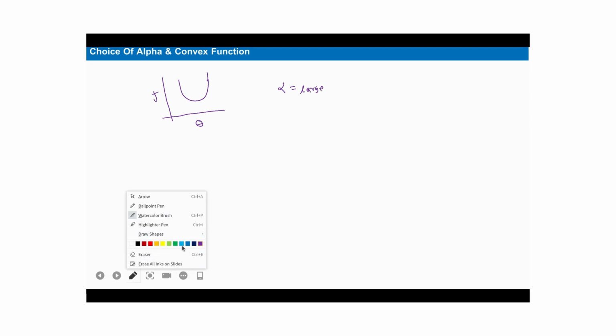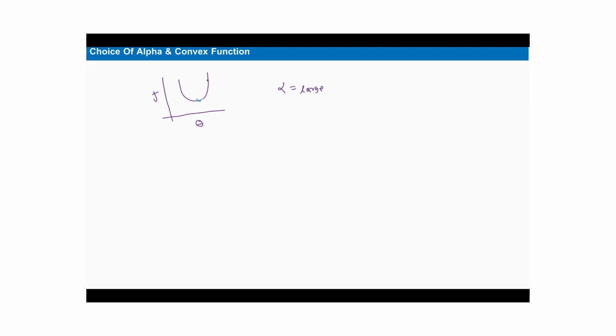As I said, suppose this is your y-axis and this is your x-axis. On the x-axis all the thetas are there, and on the y-axis your cost function is there. If you choose the value of alpha too large, it may overshoot the global minimum.